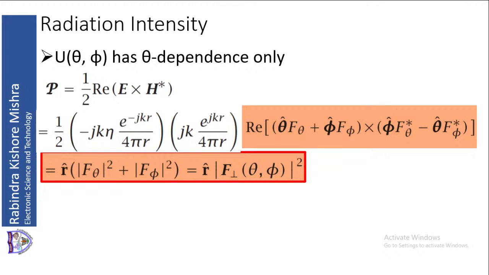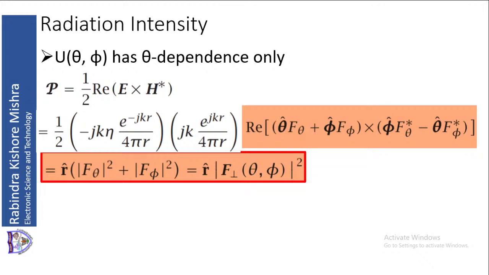Therefore, that will give us r cap into absolute square of F theta plus absolute square of F phi. And we know that E cross H star ultimately comes from F perpendicular. Therefore, we can write that as r cap absolute F perpendicular square.